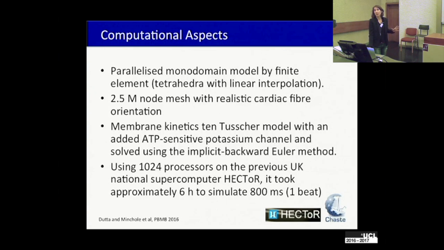It's a little bit simpler than the one I commented on before, with 19 state variables. And we solve it using the implicit backward Euler method. Using 1024 processors on the previous supercomputer of the United Kingdom, HECToR, it took about 6 hours to simulate 800 milliseconds.